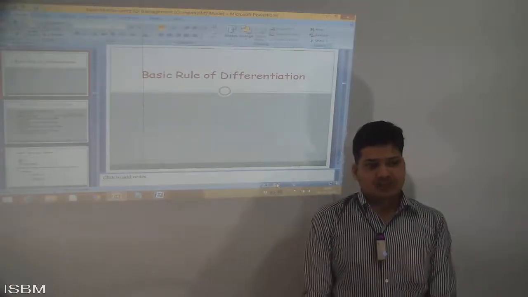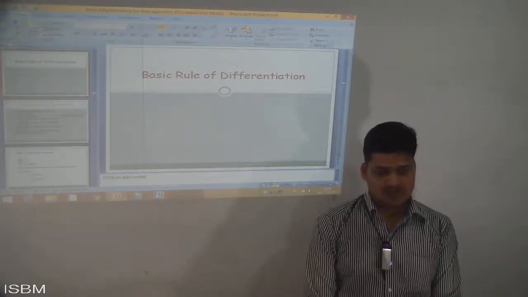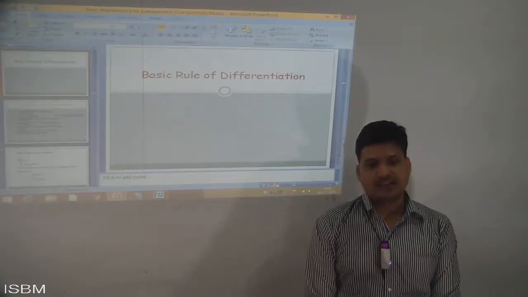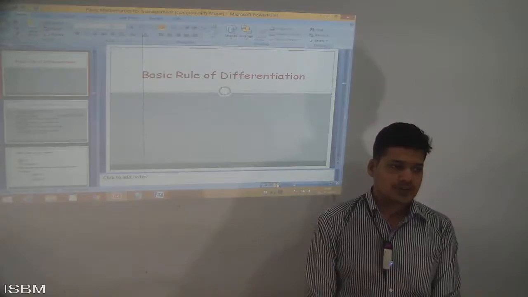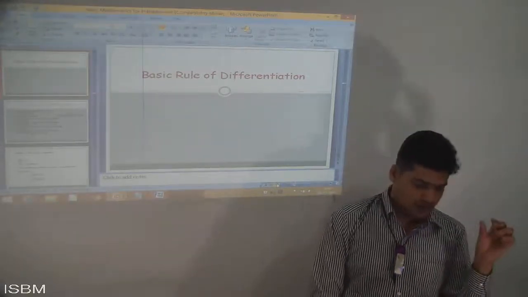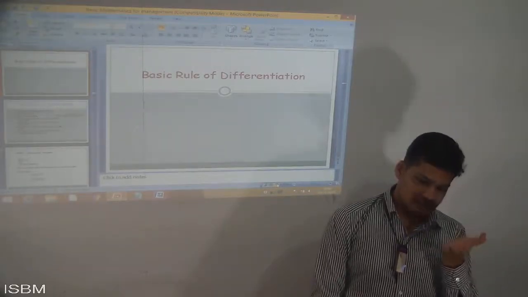Differentiation is very old mathematics which has come from calculus. Differentiation and integration are about denoting any function, and how you can solve the function with the help of these terms.